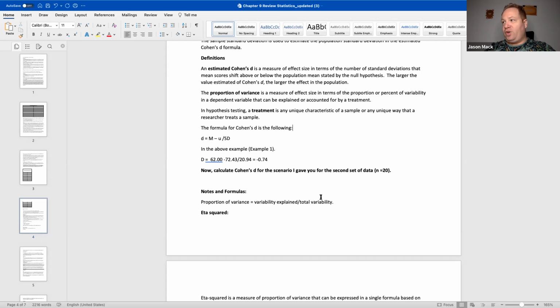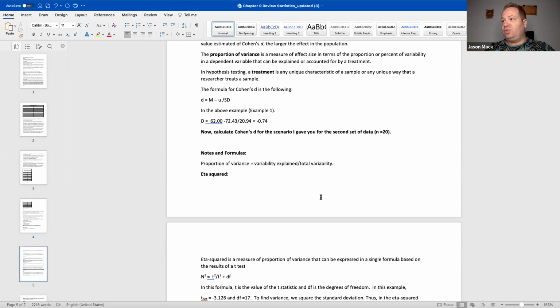The formula for Cohen's d is the following: d is equal to the sample mean minus the population mean divided by the standard deviation. So in the above example, d is 62 minus 72.43 divided by 20.94, which is equal to 0.074. So now do the same thing based on the example I just showed you for the second set of data you just worked through.